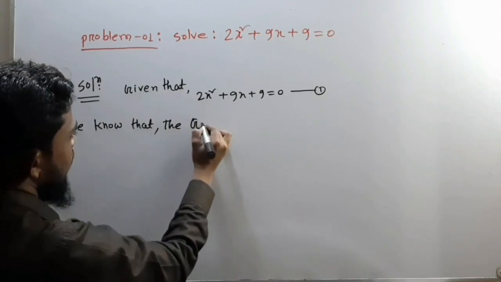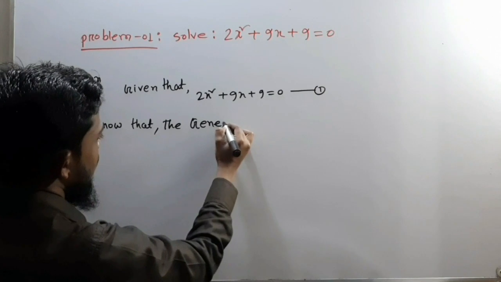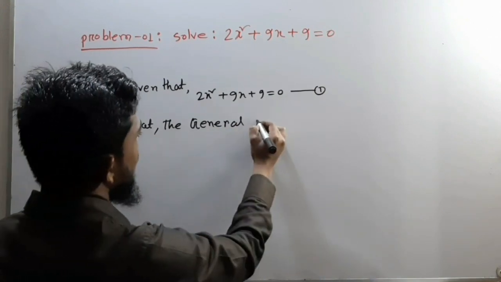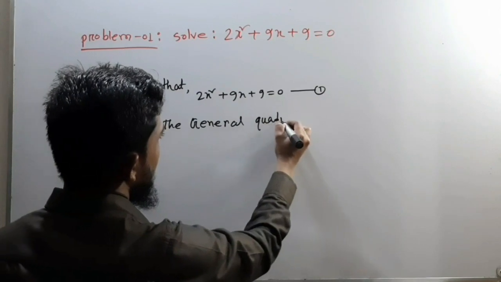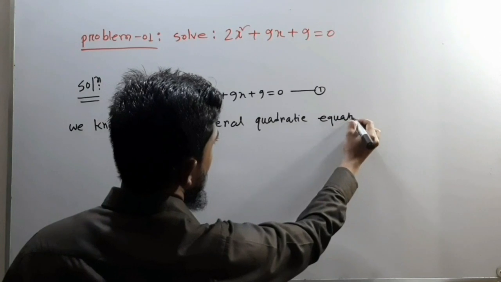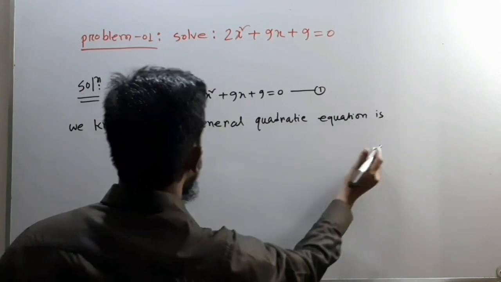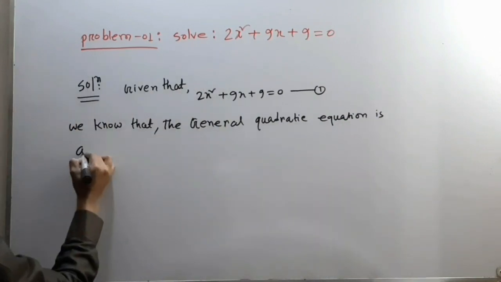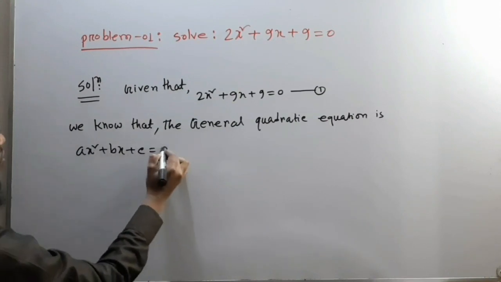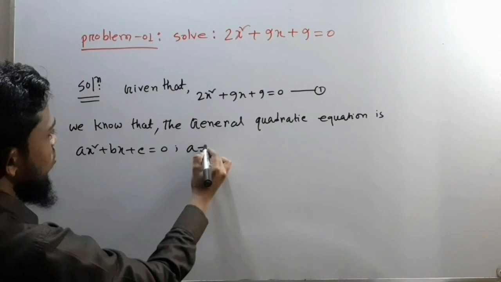the general quadratic equation is ax square plus bx plus c is equal to 0, where a is not equal to 0.